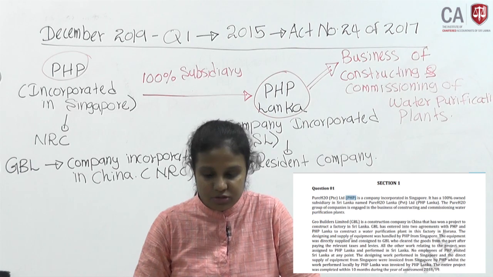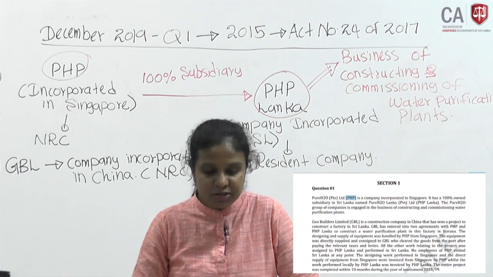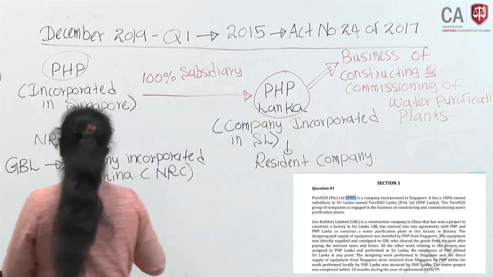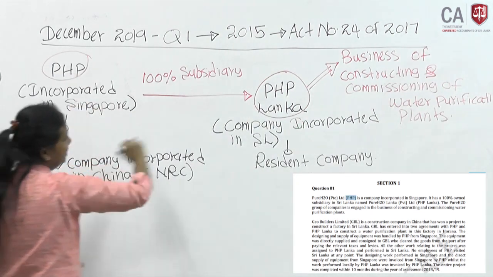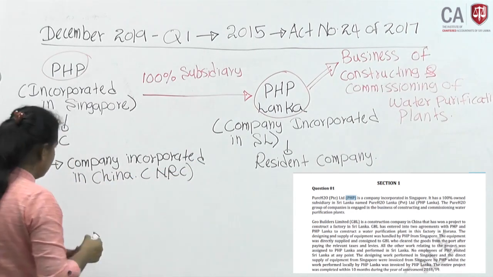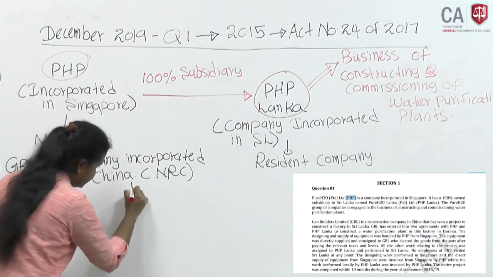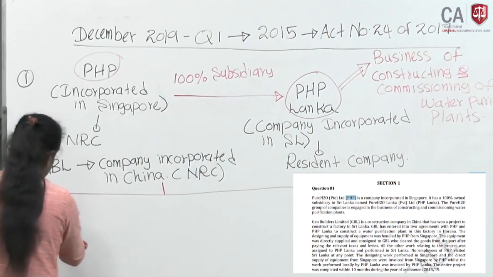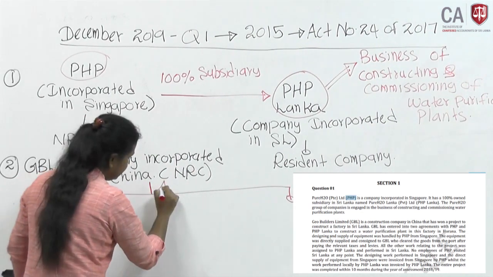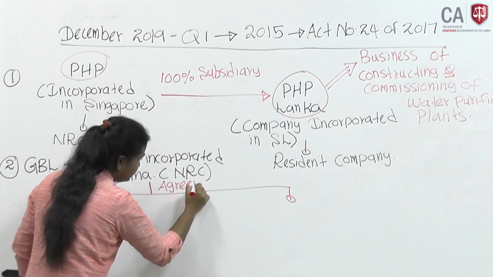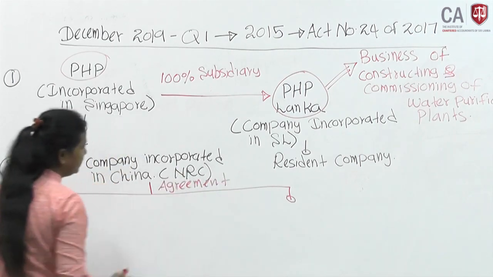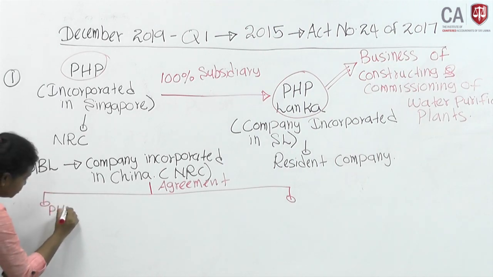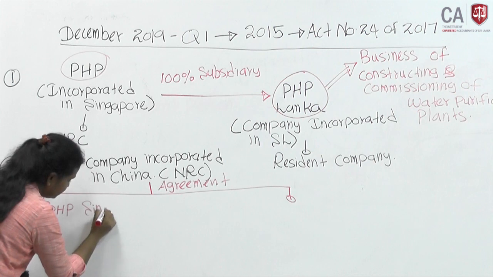GBL has entered into 2 agreements with PHP and PHP Lanka. Now the relationship to PHP and PHP Lanka is coming. GBL, which is a non-resident person, has entered into agreements with whom? One party is PHP Singapore.